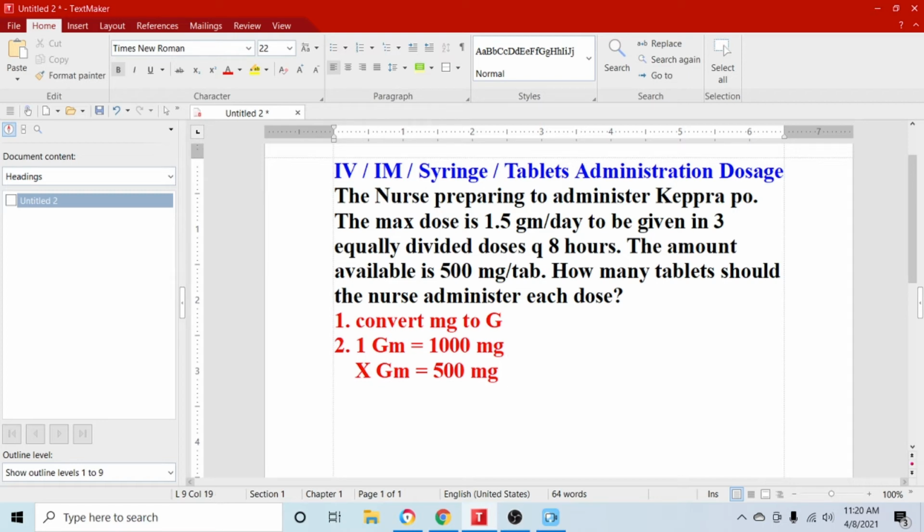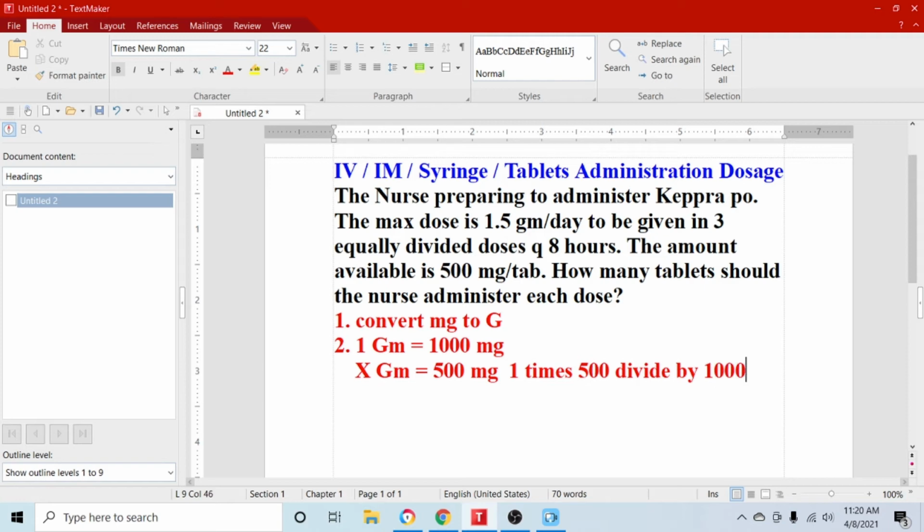So cross multiplying, divide by the x, right? Cross multiply would set up like this. 1 times 500 divided by 1,000. Dividing by the x means whatever number is across from the x, remember? So 1 times 500 divided by 1,000.